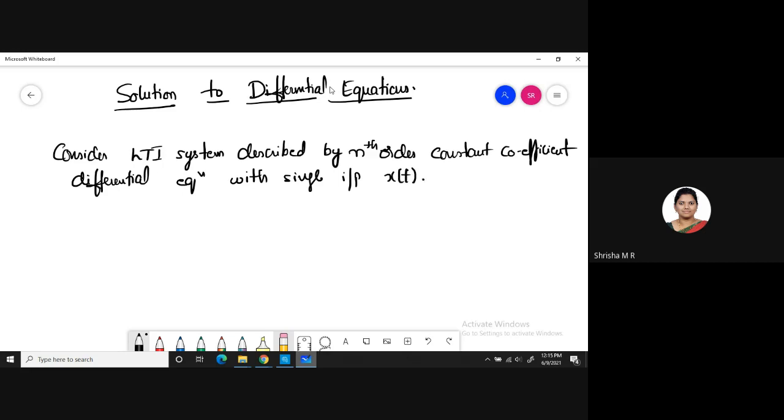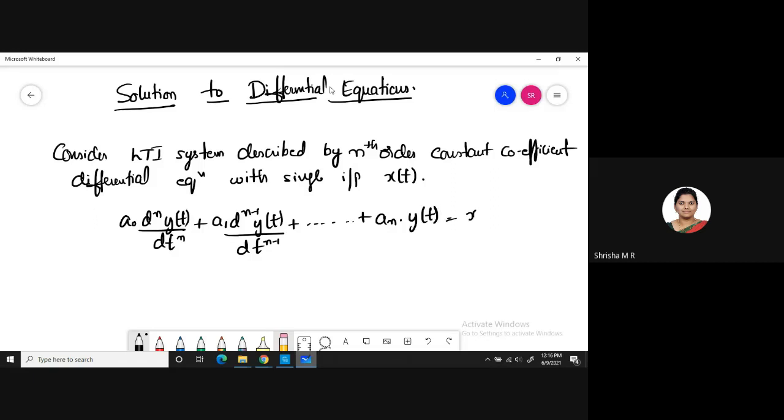So how will that equation look? An nth order constant coefficient differential equation with single input x of t will look like this: a naught into d to the power of n y of t by dt to the power of n, plus a1 into d to the power of n minus 1 y of t by dt to the power of n minus 1, plus it goes on up to an into y of t, which is equal to x of t.